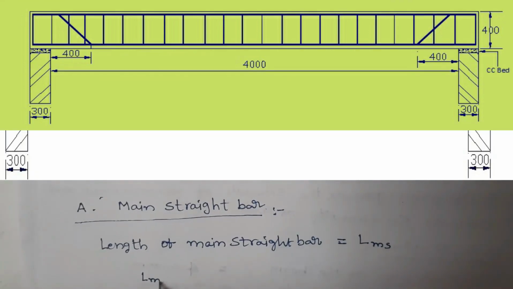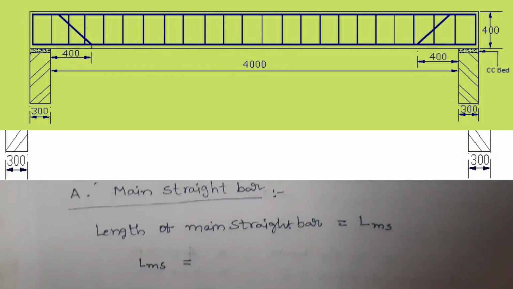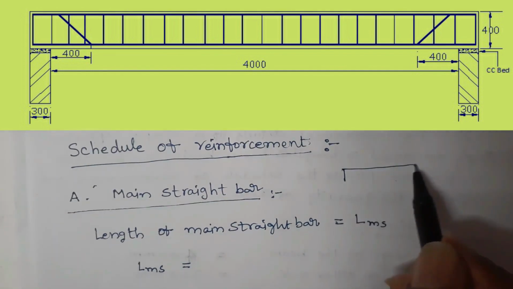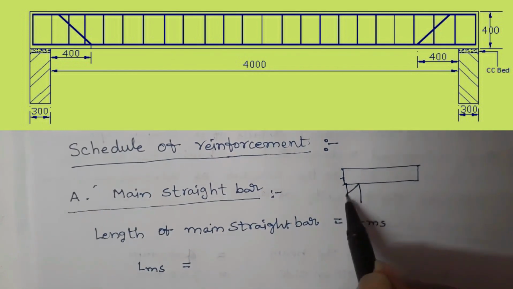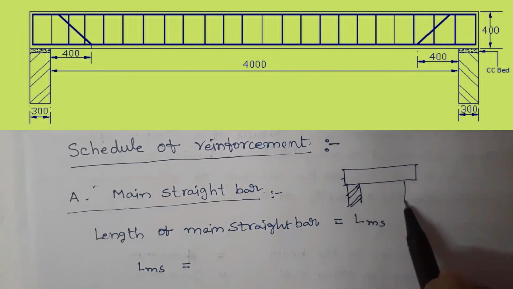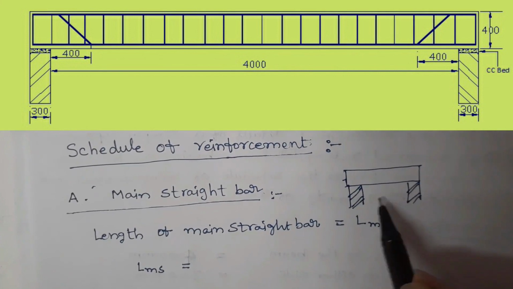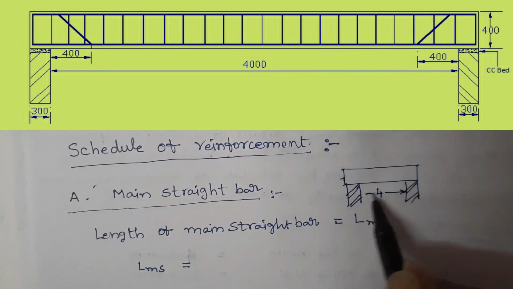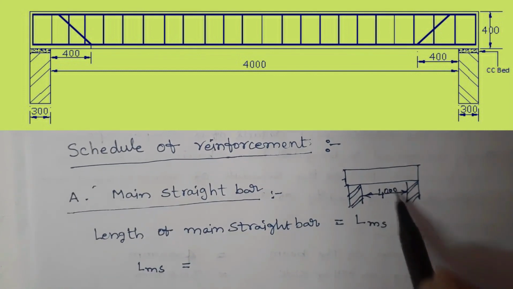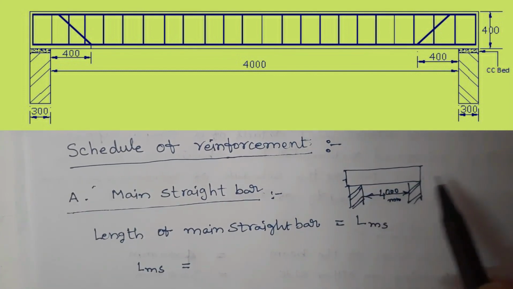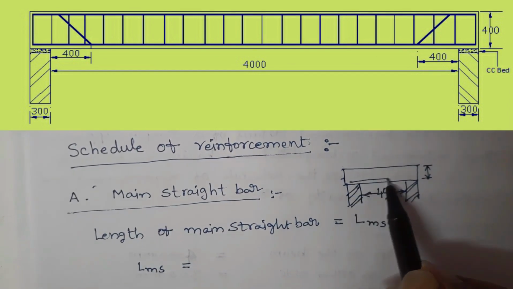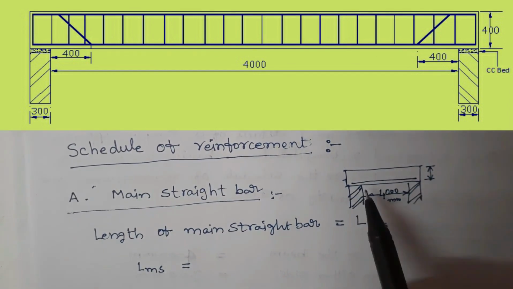Therefore, LMS is equal to, say this is a beam and supports. Clear span is 4 meters or 4000 mm. This is the depth of beam. See, this is the main straight bar.